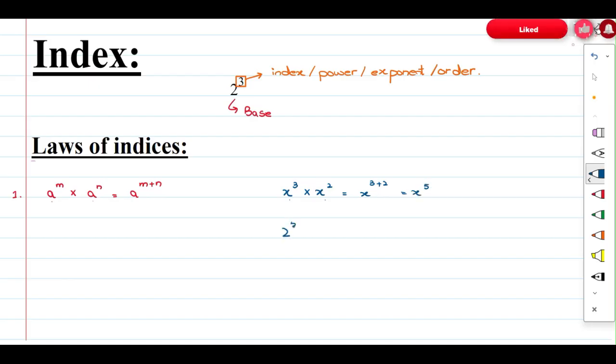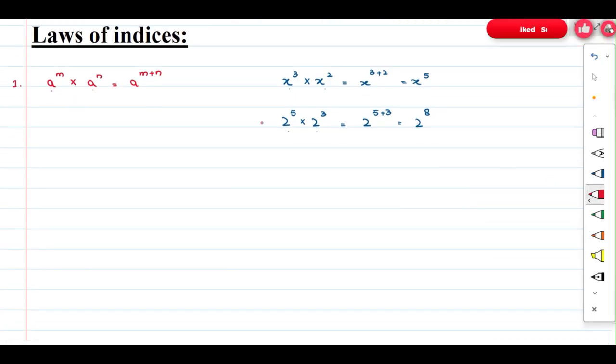If I have 2 to the power 5 multiplied by 2 to the power 3, again the bases are the same, so add the powers, 5 plus 3, which is 2 to the power 8. So that is the first law for indices: when the bases are the same in the product, we add the powers.